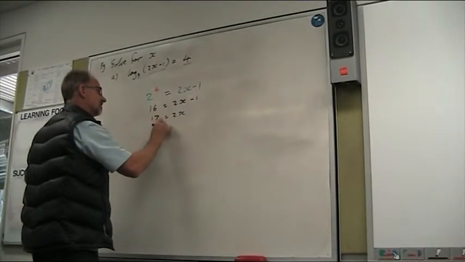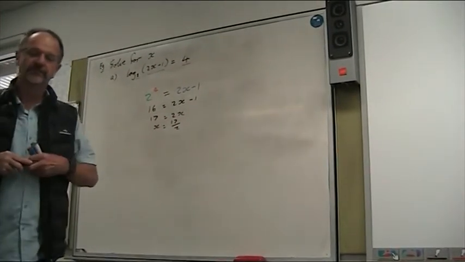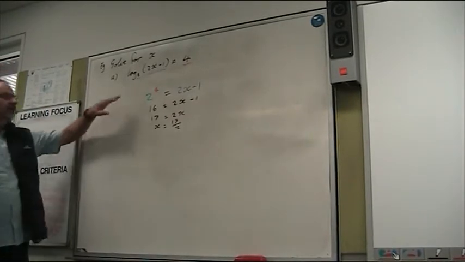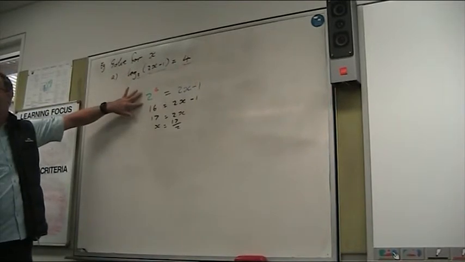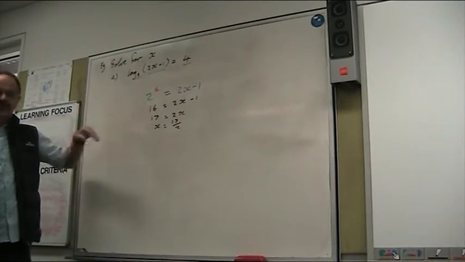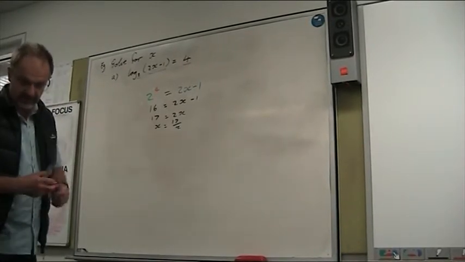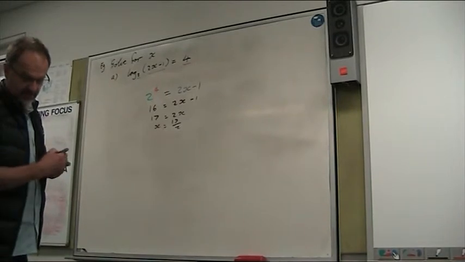Just leave it like that. 17 over 2, that's it, done. So by changing from a log equation to an index equation, we can solve it more easily. All right, and the same with this next example.